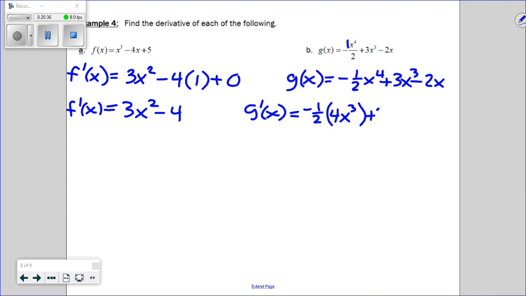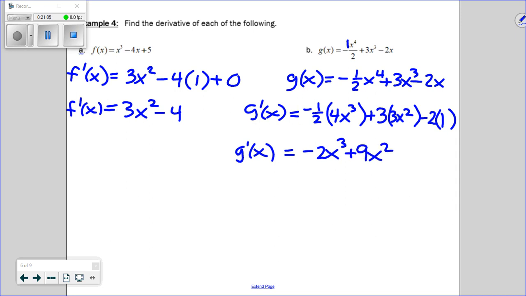Plus 3 is a constant multiple times the derivative of x cubed, which is 3x squared using the power rule, and then minus 2 is a constant multiple times the derivative of x, which is 1, and then we can just simplify this. So negative 1/2 times 4 is negative 2x cubed, plus 3 times 3 is 9x squared, and then minus 2 times 1, which is 2. And we're done. So those are super easy.